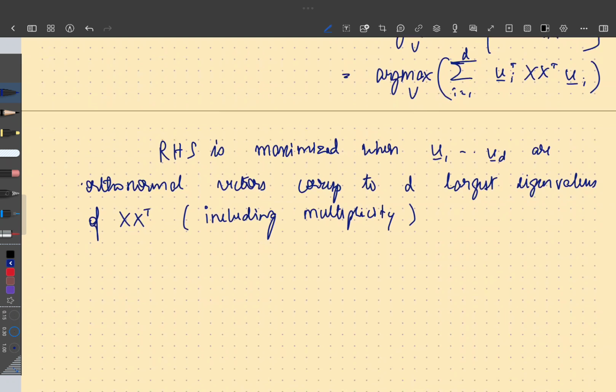Right? If you've not seen the proof before, I would encourage you to try and prove this. One hint is you can use the spectral theorem to say that XX transpose can be written as the summation i equal to 1 to capital D of lambda i vi vi transpose, where the vi's are orthonormal eigenvectors corresponding to the eigenvalues lambda i.